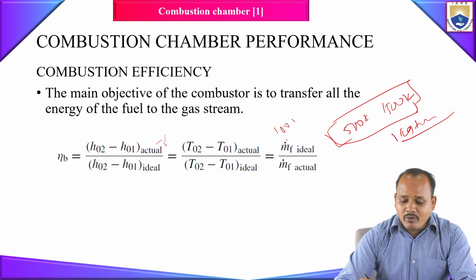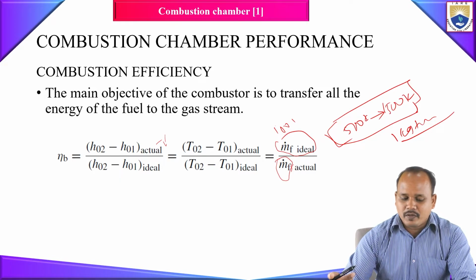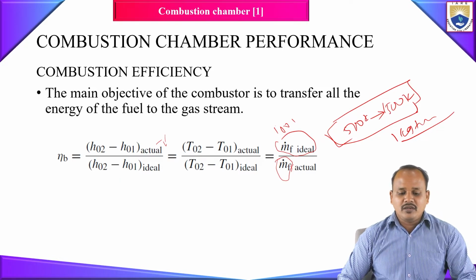It is how much fuel I need during your ideal process to raise your temperature from 500 to 1500 K, divided by how much fuel you need during your actual process. Obviously, the amount of fuel you need to burn during your ideal process will be less than during your actual process, because during your actual process the enthalpy rise is less than your ideal process. So this is what we call the combustion efficiency.